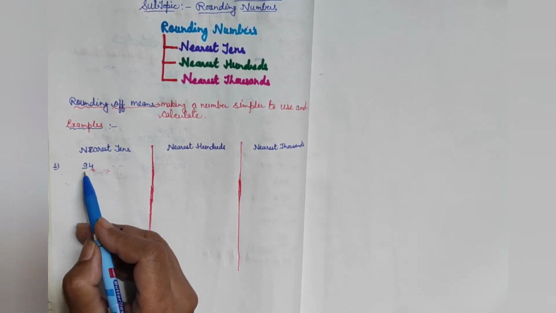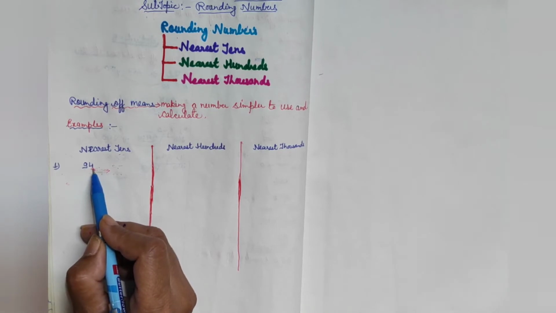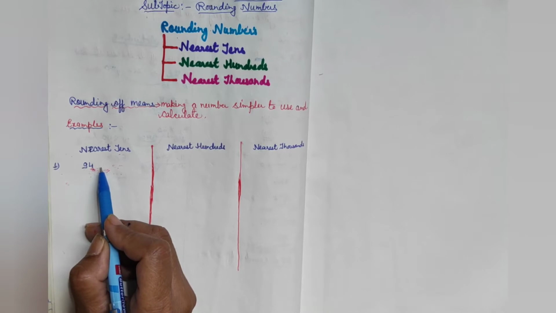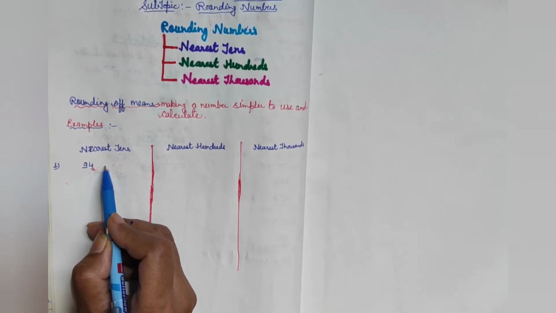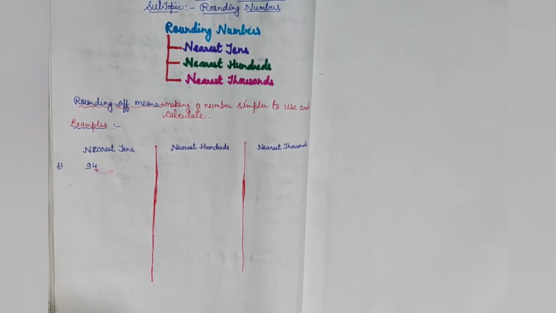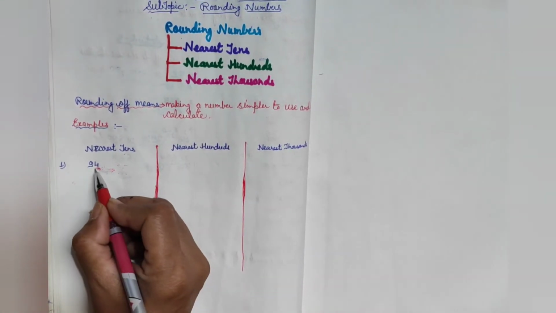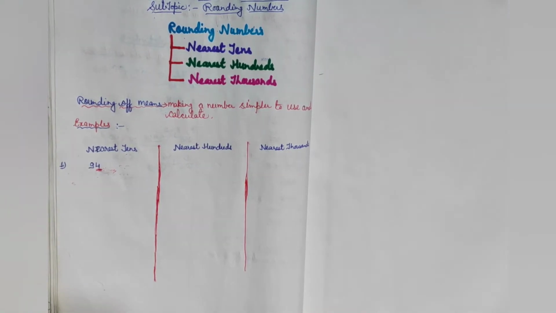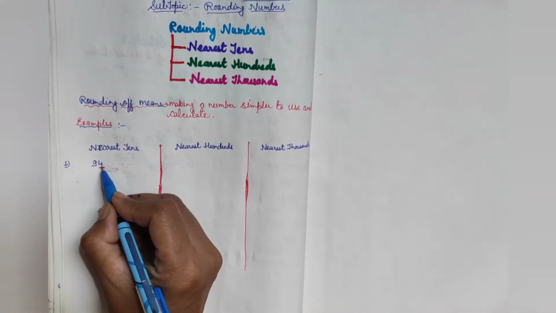Let's take some examples of nearest tens. Example 1: 94. If the digit at one's place is less than 5, replace the digit by 0 and write the other digit as it is. Here at one's place we see the digit 4, which is less than 5.